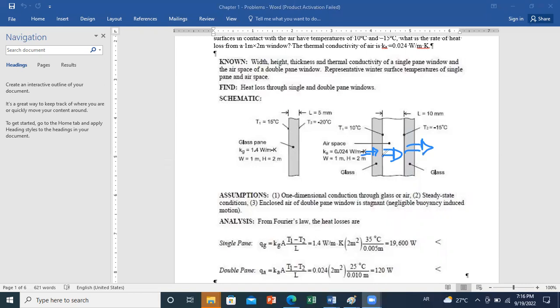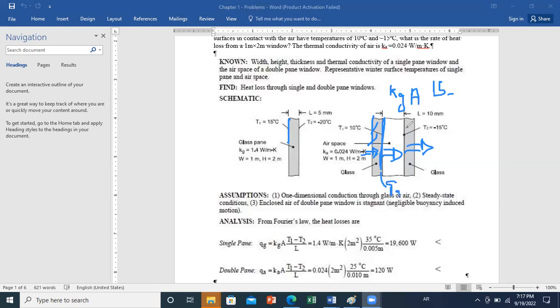First, Q equals k of this layer, so k glazing, times the area, times, taking directly the absolute value, the inner temperature, which is 15, minus T at this level, which I don't know, so I will call it TR1.